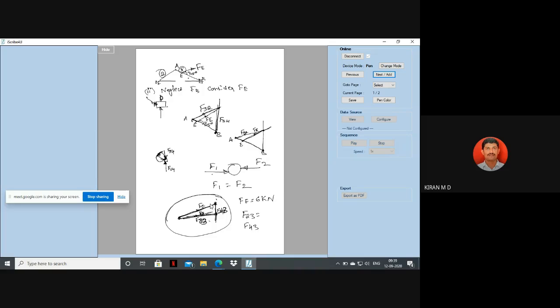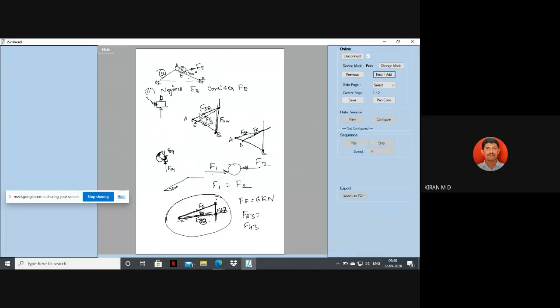Once you got this 2-3 line, again you draw the same way. You draw the crankshaft with the same angle, 30 degrees. Then you know the direction of F32 here.